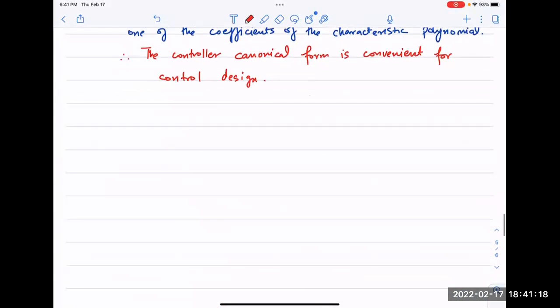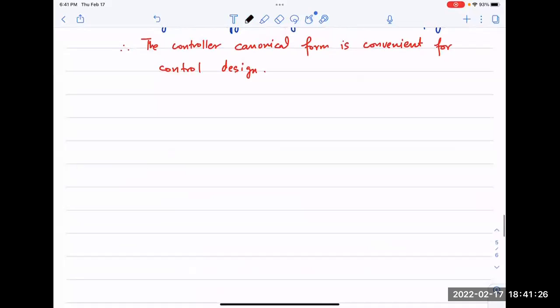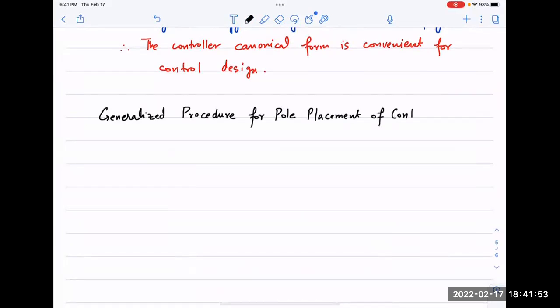So let's write down the generalized procedure for pole placement of controllable systems. I'm just going to quickly summarize this procedure before we get into some examples and see how it works.